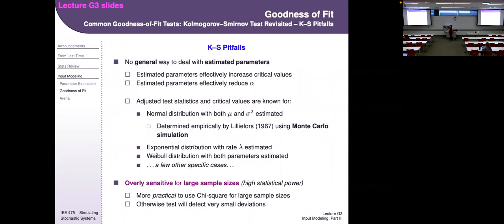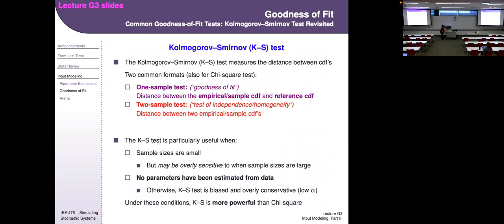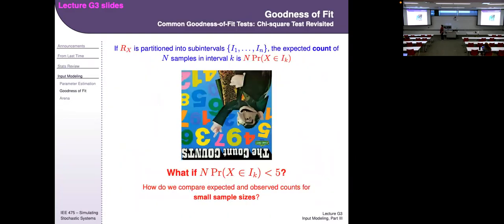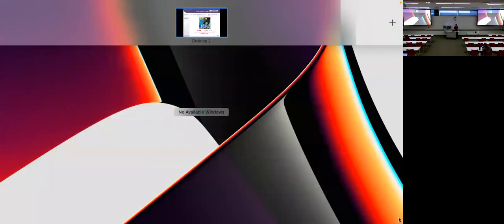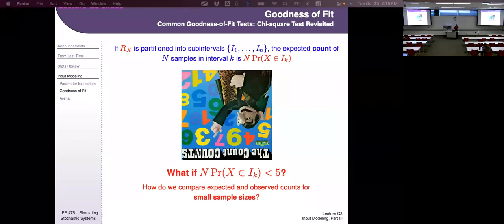And then I want to hop over to, somehow, when I hacked these slides over, I skipped my chi-square example. So I need to jump back to last lecture's slides to make sure we get those. All right, so let me jump back to lecture G3. There we go.